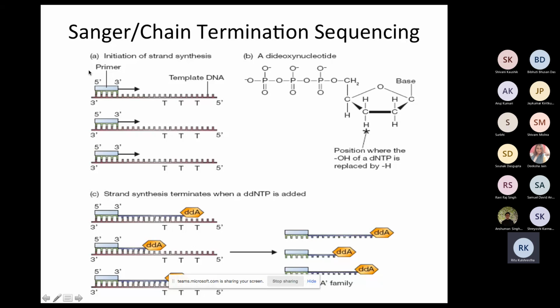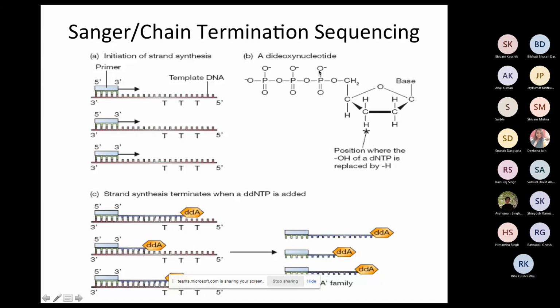So in one tube, apart from the template, primer, all four nucleotides and DNA polymerase, I add ddATP, dideoxy ATP. How does this nucleotide differ from the general nucleotide? Apart from the absence of the 2' OH group, these nucleotides also lack the 3' OH group.